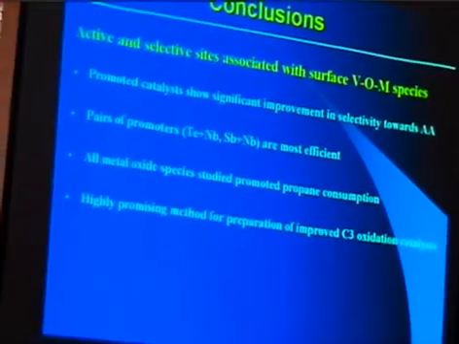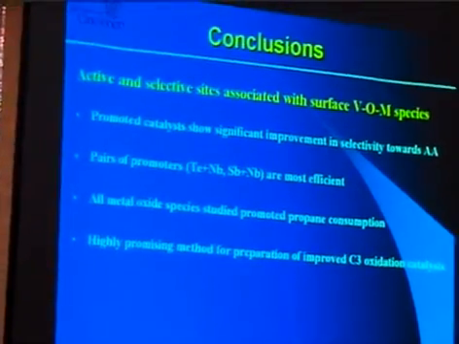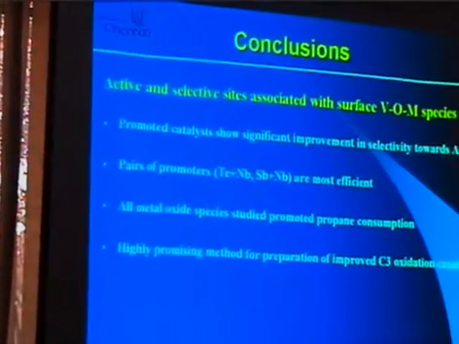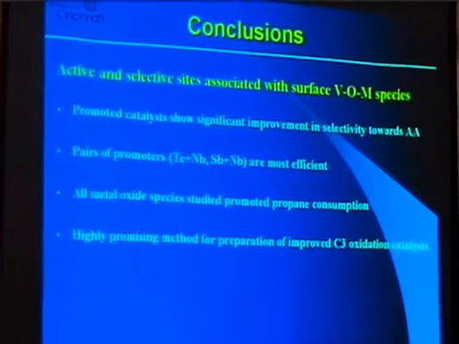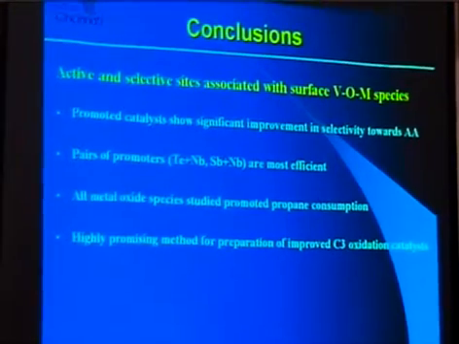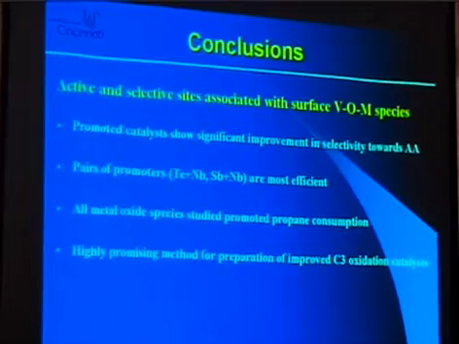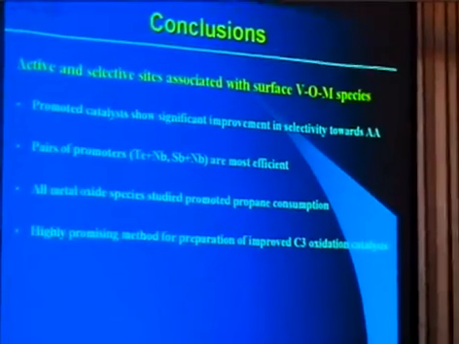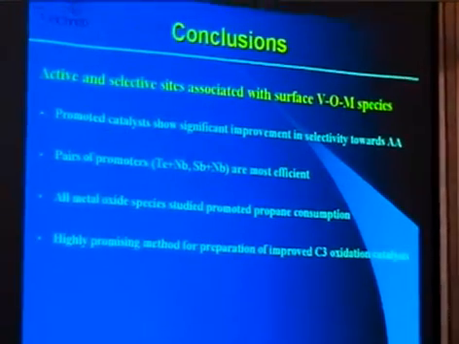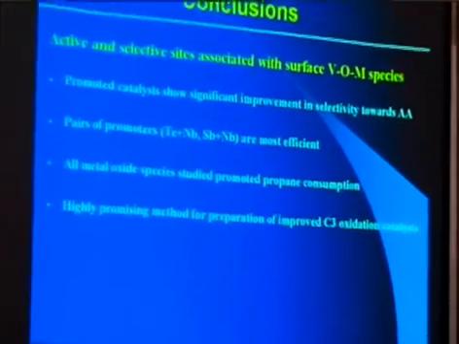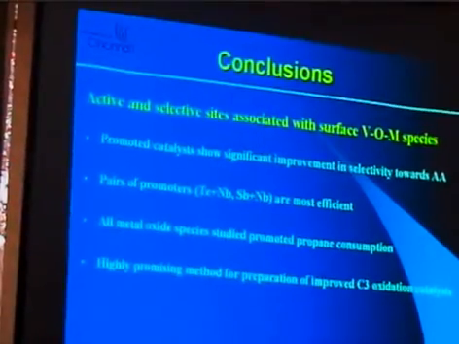And so if one looks at the combination of the low energy ion scattering results and some of the initial insights we obtained by looking at the ability of these systems to activate propane selectively, clearly we are not introducing these tellurium, niobium, and antimony oxides inside the bulk of this catalyst.